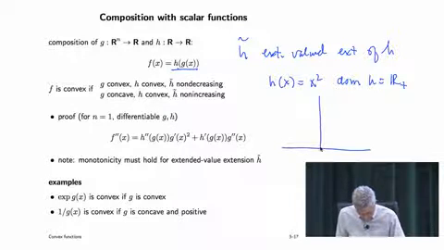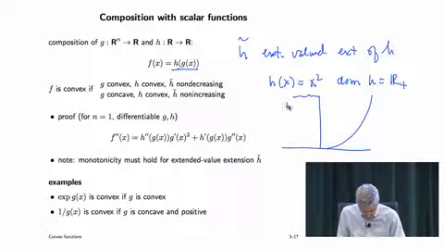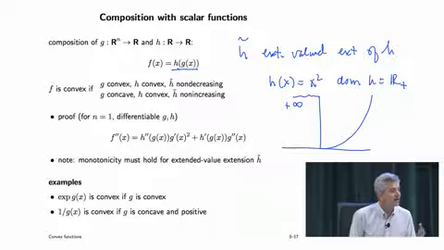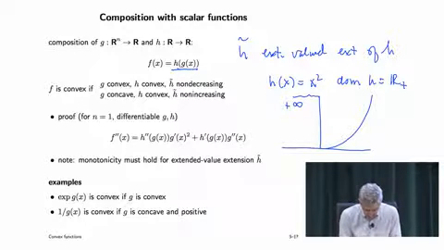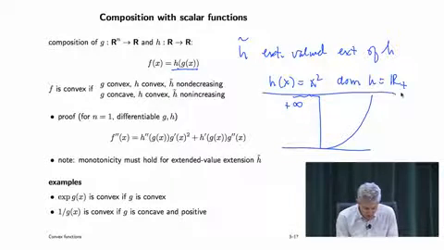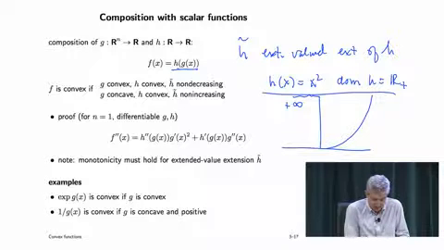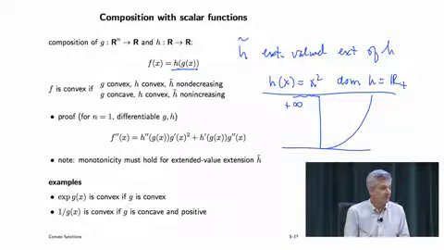I'm just going to draw it as a diagram. It goes up here to plus infinity. And the point is, that is not an increasing function. In fact, you can see it goes from plus infinity down to 0. And if I compose this function with something like x minus 1 squared, the conclusion is wrong. You get a function that is not convex.